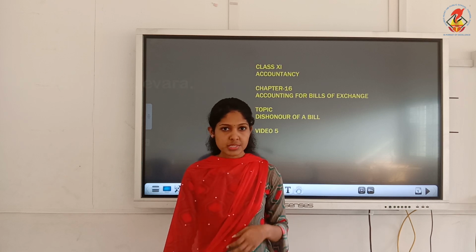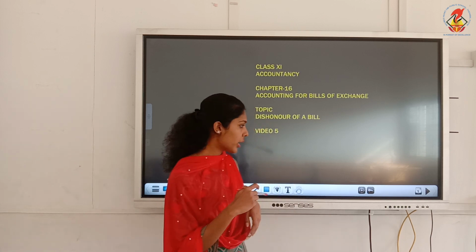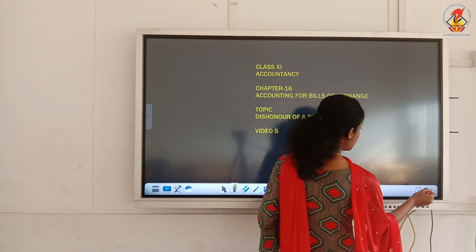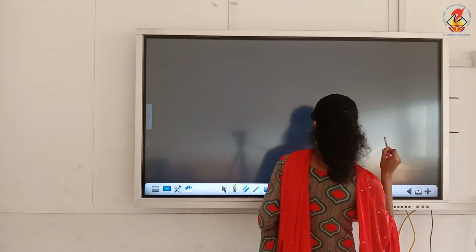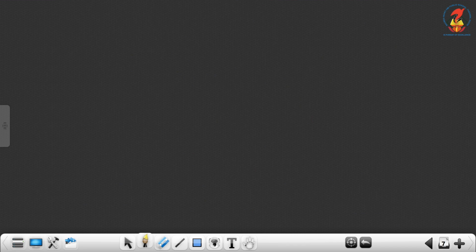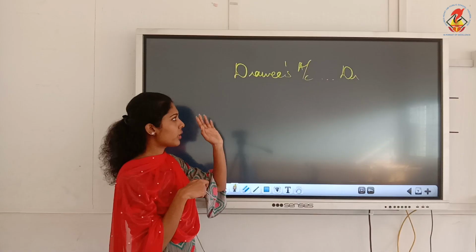Now when the bill is retained by the drawer and dishonoring takes place, the entry you have to record at the time of dishonor in the drawer's book is, we'll debit the customer's account. Customer means here we'll write it as drawee. Drawee means upon whom we have drawn the bill, and he will be the customer also. So here we will be writing the name of the customer or the debtor.